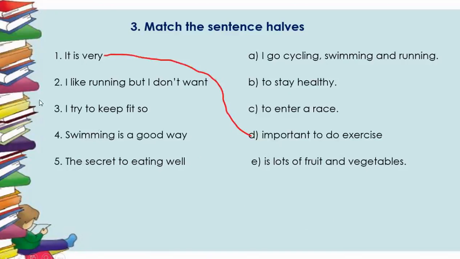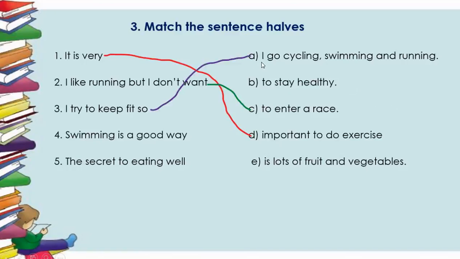Yes, this is excellent. It's very important to do exercise. Number 2. I like running, but I don't want... Which one? Continue. Okay, to enter a race. Very good. Number 3. I try to keep fit, so which of these alternatives is correct?